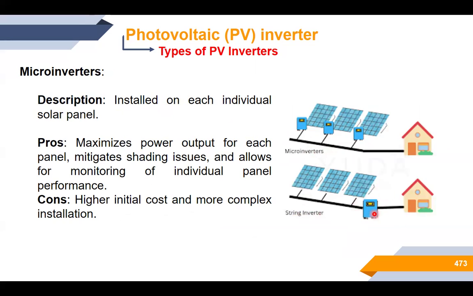The string inverter converts DC to AC for a string of PV panels, and the microinverter is an inverter for each module, which converts the DC power produced by the PV module to AC, which is then injected into the building. So this topology can maximize the power output of each panel.